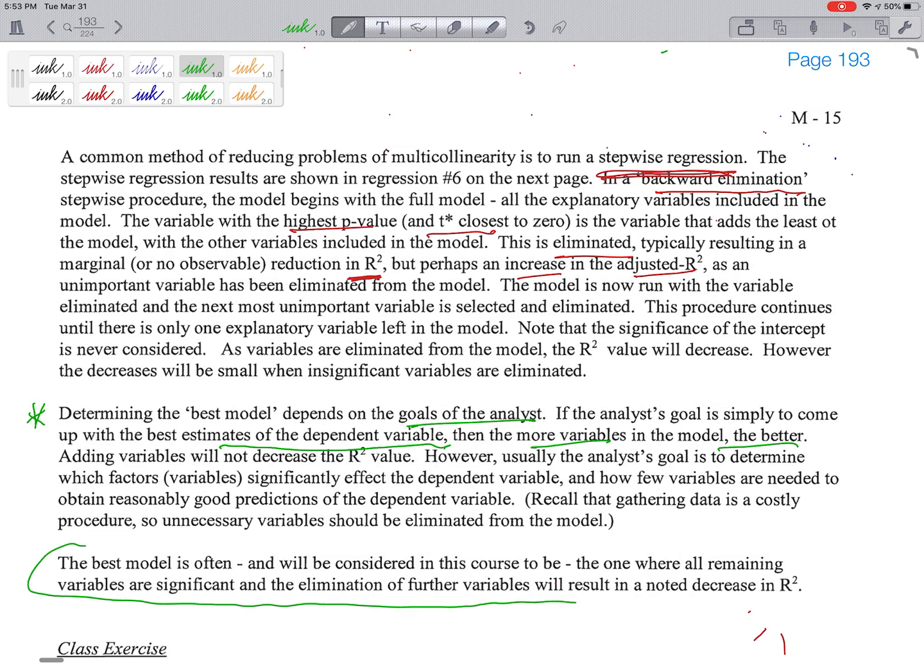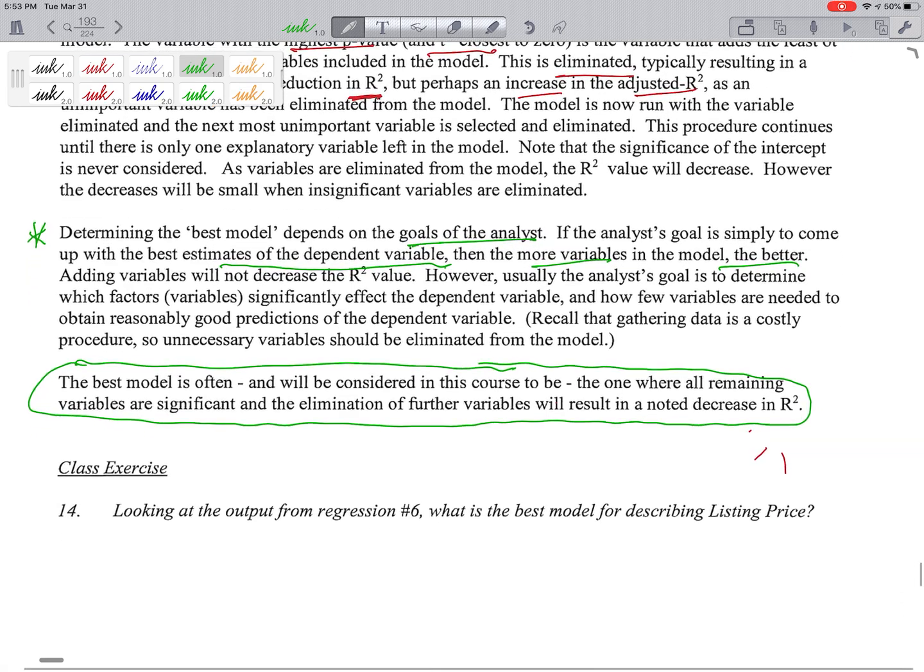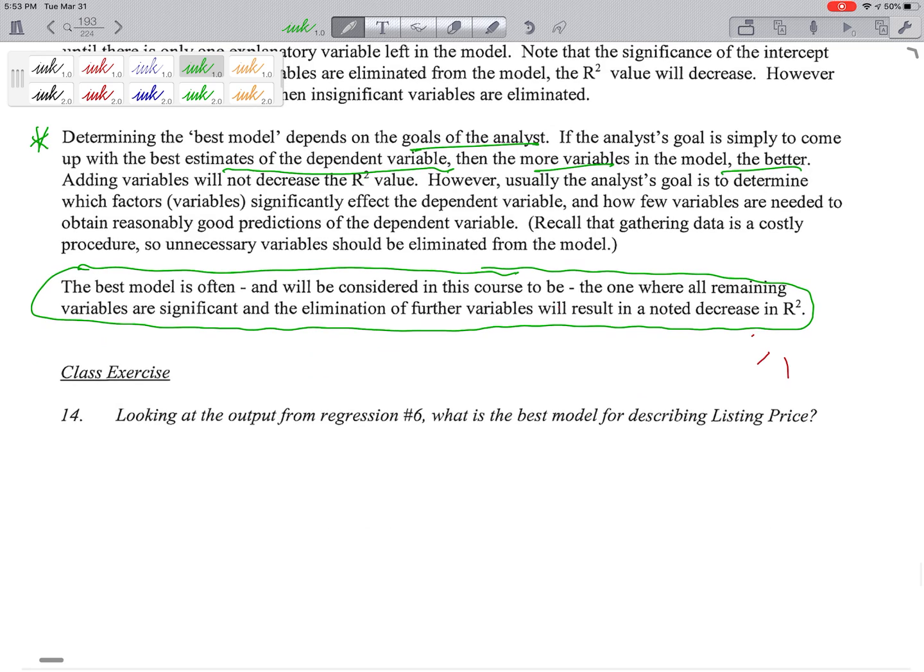So the best model then, which is what we'll consider in this course, is the one where all the remaining variables are significant. And if we were to eliminate any further variables, it would result in a noted decrease in the R-squared value. So let's take a look at that here.